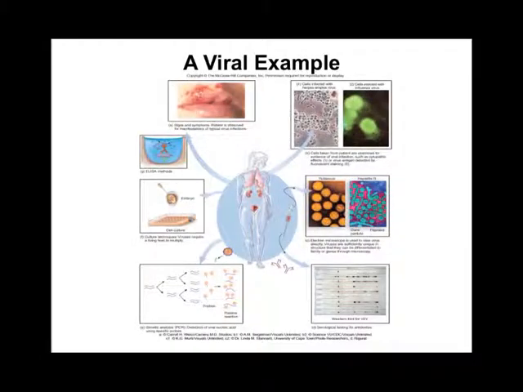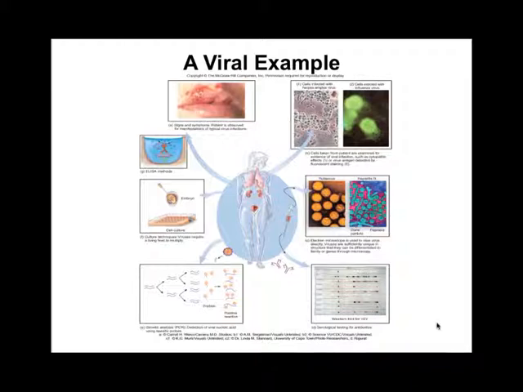So all of these techniques that we've been learning about can be used for all sorts of microbes. However, viruses sometimes present special difficulties because they're not cells and they're more labor-intensive to culture in the laboratory. So it's a great example to show the diversity of techniques that might be used to diagnose any sort of infection, but this one's specifically about a viral infection.